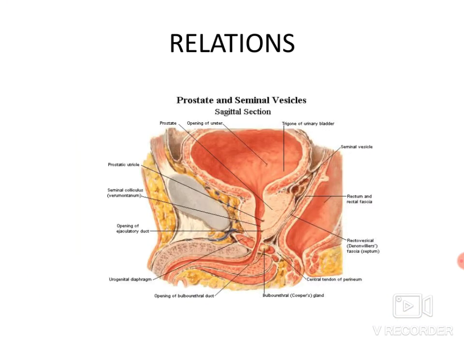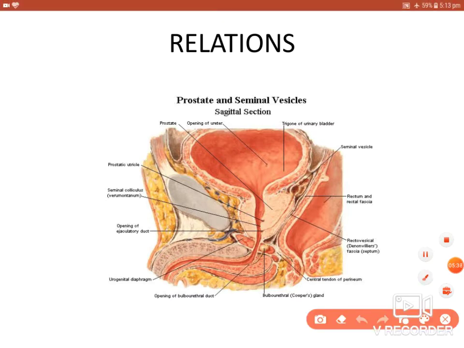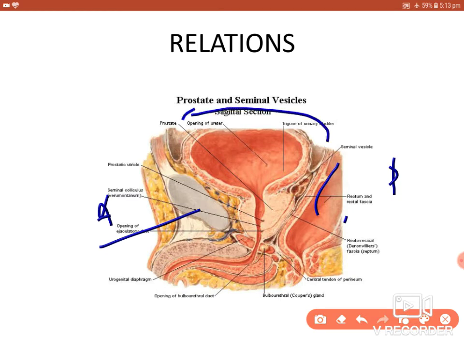Then coming to the relations. Here again this is the sagittal view. Here this is the anterior aspect, and you can see the pubic symphysis. This is the posterior, and you can see the rectum there. See, this is the bladder. This part is the base of the bladder, and here this is the neck.